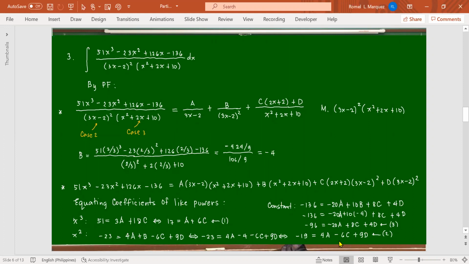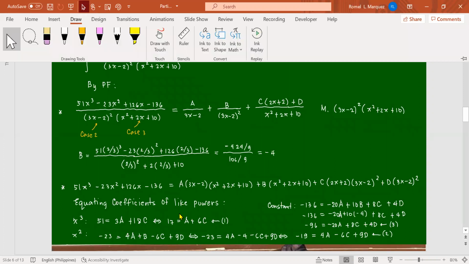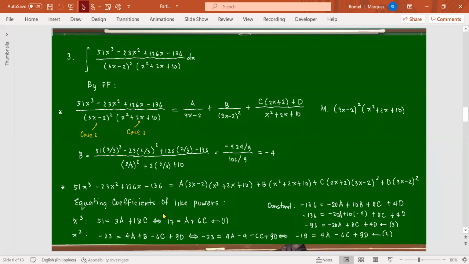Okay, so let's now move here. So let's take these equations. Let's summarize the equations here so that we can clearly solve them. Equation 1, let's get this equation 1 together with, then let me put for the meantime here, I'll copy later.